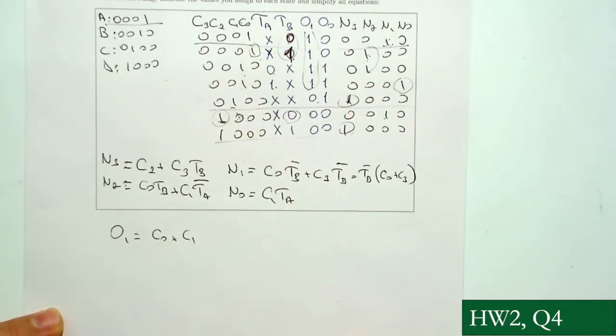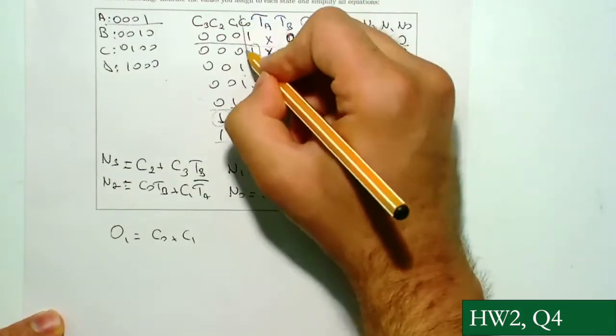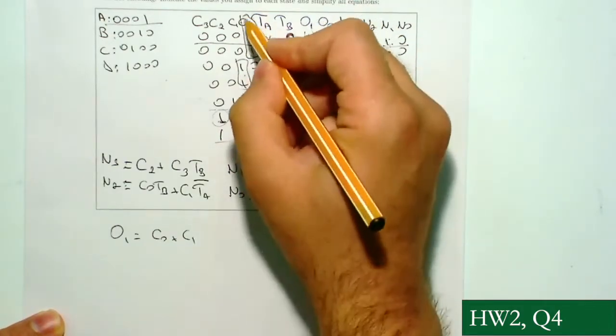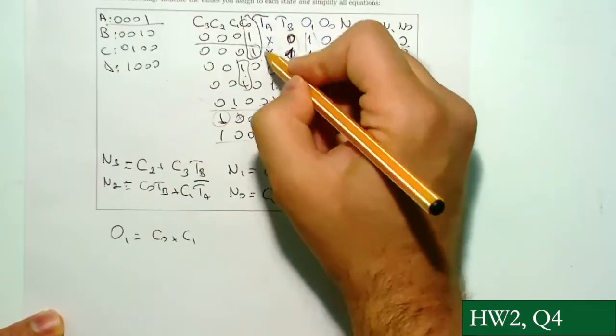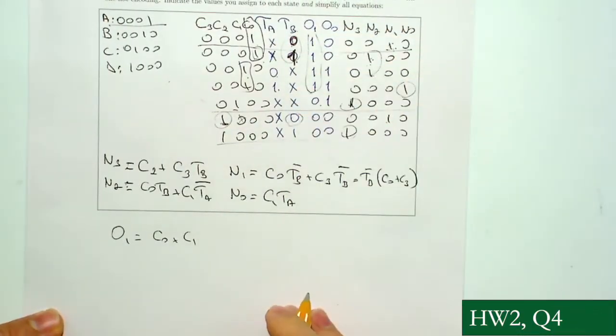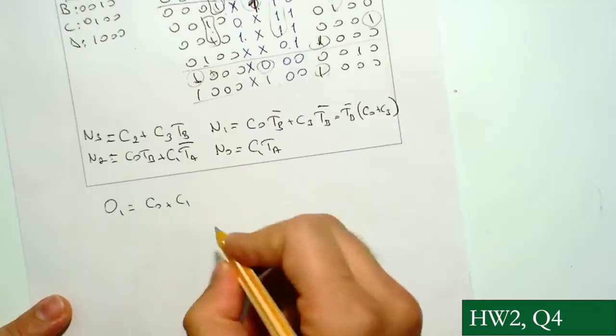Can you see that? So O1 is 1 when either C0 is 1 or C1 is 1, right? And for the C0 rows, TA doesn't matter, and TB also doesn't change the result. And it's the same for the TA. So I only have C0 and C1.